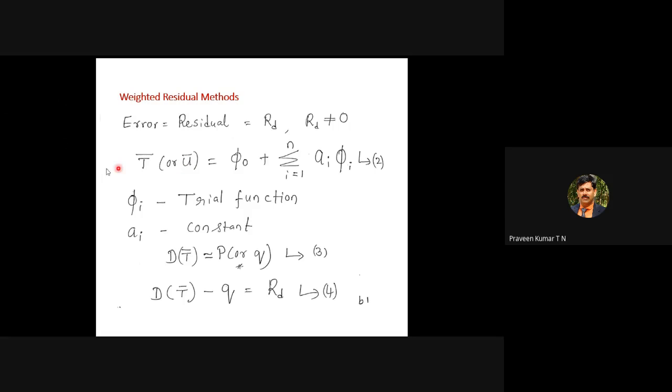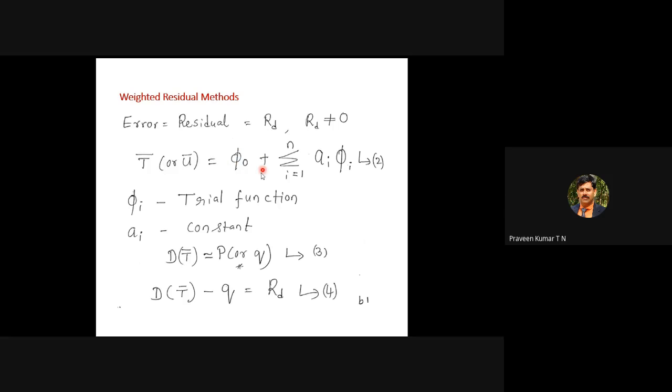Likewise, T bar refers to the finite element solution, the temperature found by the finite element method, but the exact temperature is 100 degrees Celsius, that is T. In finite element analysis, we got a temperature, let it be 99 degrees Celsius, given by T bar. T bar or U bar refers to the approximate value of the temperature obtained from equation 2.